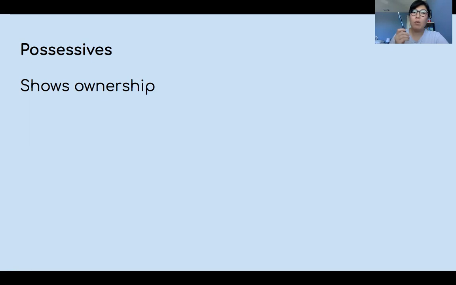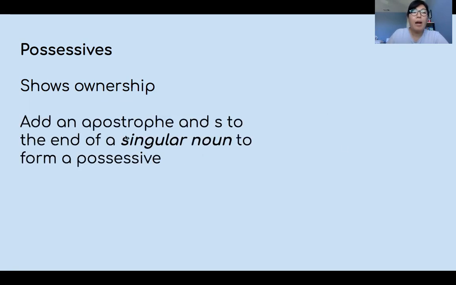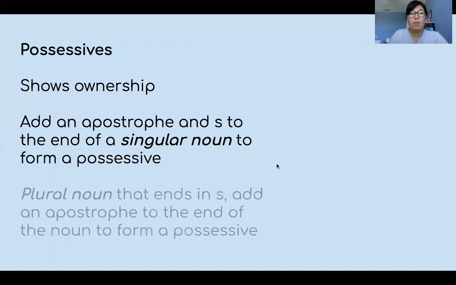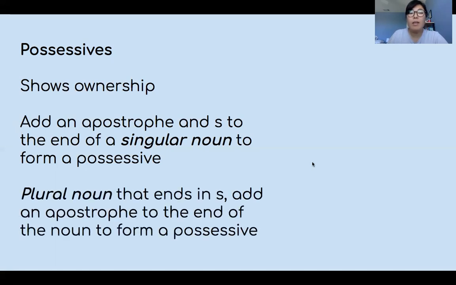So in order for us to know who owns what or what belongs to what, we need to use possessive words. You add an apostrophe and s to the end of a singular noun to form a possessive. Plural noun that ends in an s, add an apostrophe to the end of the noun to form a possessive.